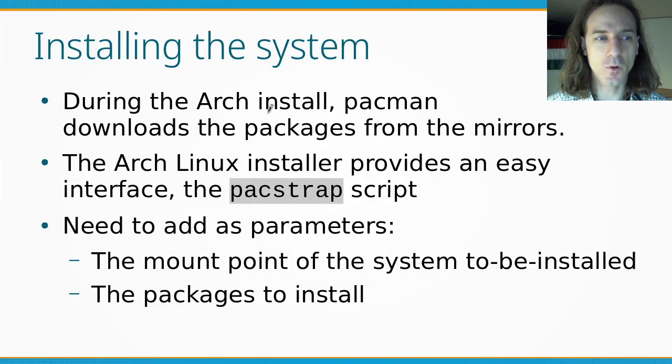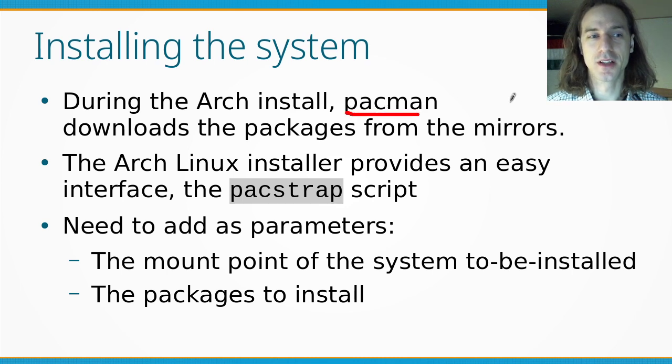When we install Arch Linux, we are basically telling Pacman, the package manager for Arch Linux, to download the packages from the mirrors selected on our mirror list and install them on our new system. Generally, on an installed system, Pacman is used to keep your system up to date by always downloading the newest version of each software package and updating it.